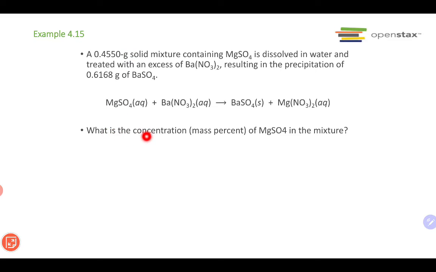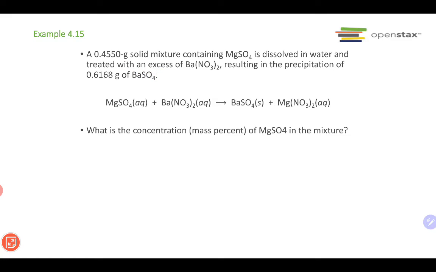That's the question. What's the concentration or the mass percent of magnesium sulfate in that mixture? And it says that we dissolve it in water and we treat it with an excess of barium nitrate, which gives us a precipitation reaction where we get 0.6168 grams of barium sulfate, because barium sulfate is insoluble.